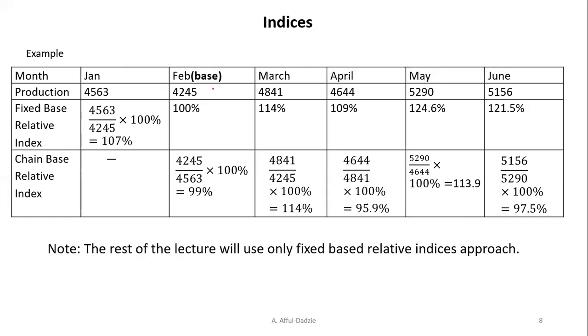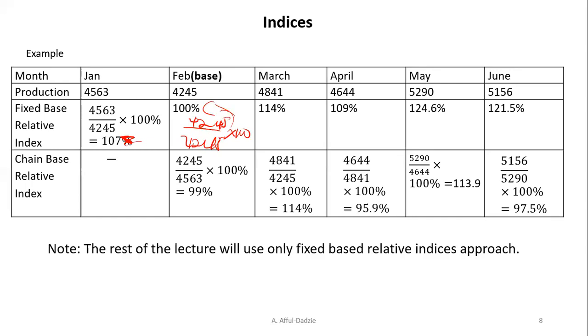We compare all the periods with the base time period. So if I take January, it is this figure over the base value here times 100, and I get my percentage, my index number. And because it's the base period, you get 100, because you're going to get 4245 over 4245 times 100.